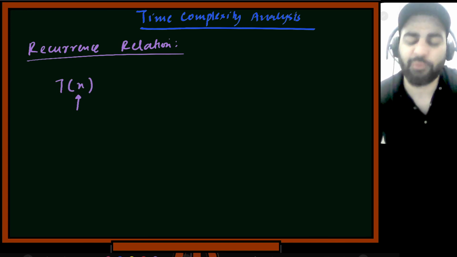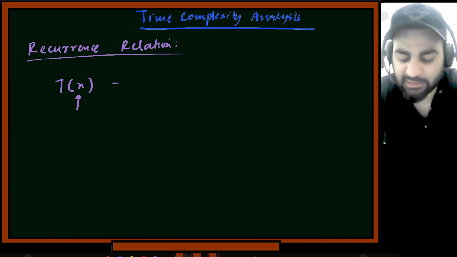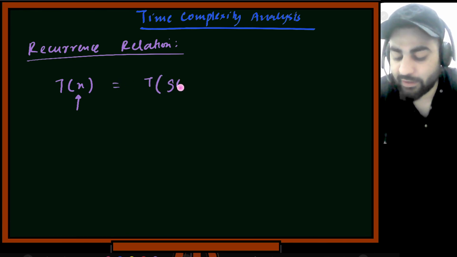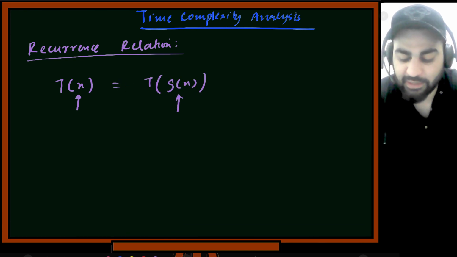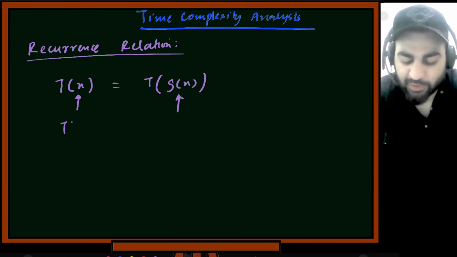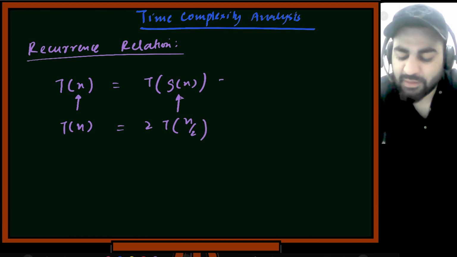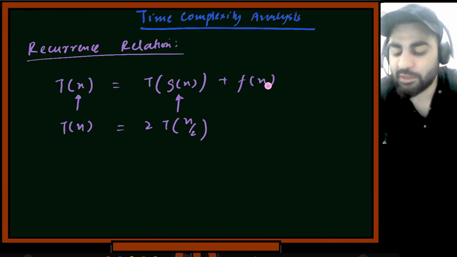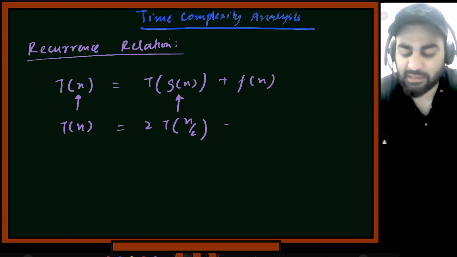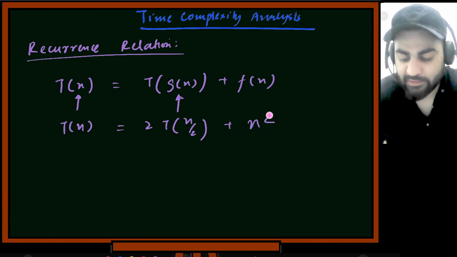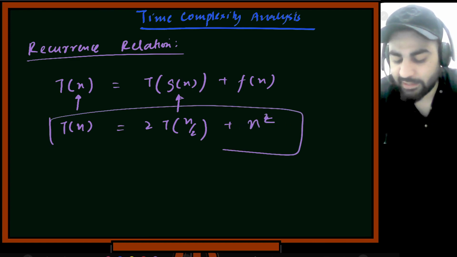It will be something like this: t of n is equal to t of n by 2 plus some f of n. f of n means the work that was done in the step, and here let's suppose it is n square. So this is an example of a recurrence relation.